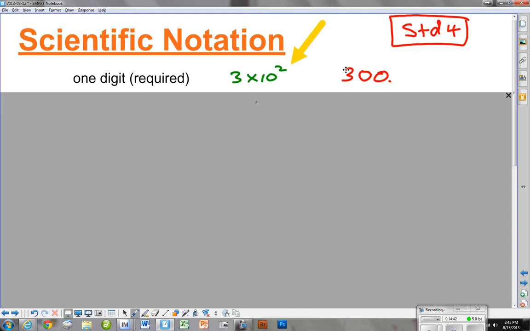If our original number is like this, to put this into scientific notation, we would have to go like this: 3.00 times 10. Now, how far do we have to move this guy over? Two. Or this guy over, I'm sorry. 2, okay? That goes with a positive number because positive powers of 10 move us to the right. That would be the scientific notation for 300 written this way.